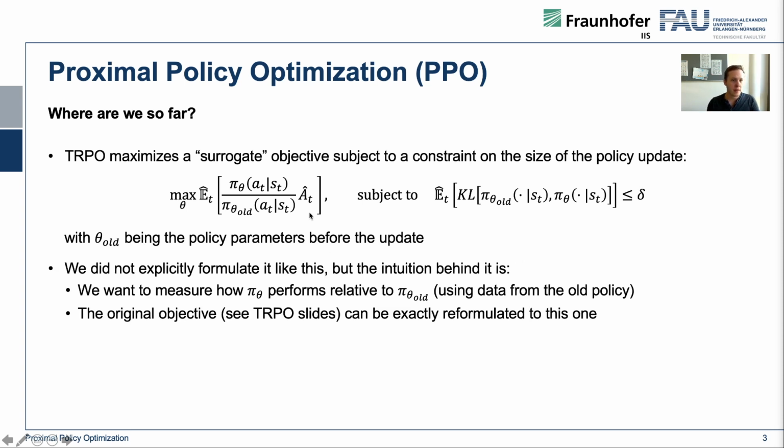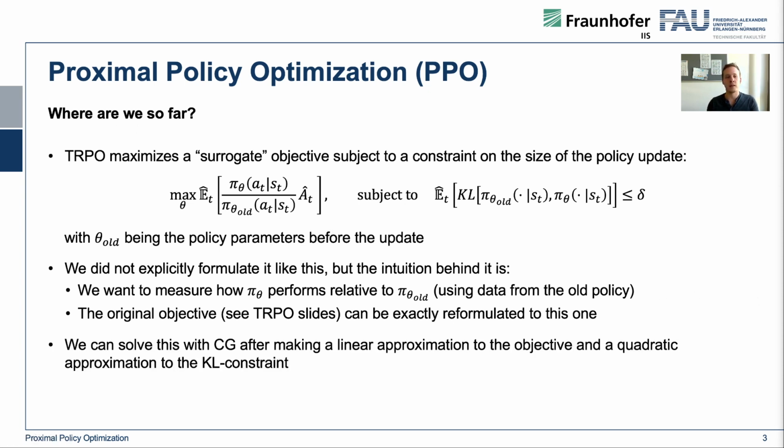While we did not explicitly formulate the TRPO objective like this, you can reformulate it. What we want to do is measure how pi theta performs in relation to pi theta old, using data from the old policy pi theta old. And if you compare this to the original objective of TRPO, you can exactly reformulate the objective to this one.